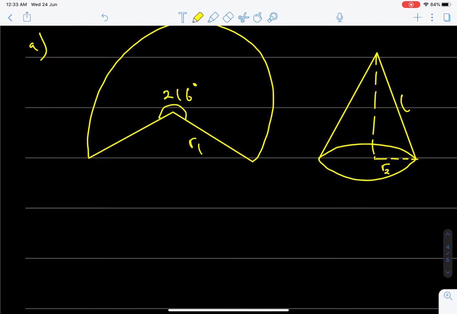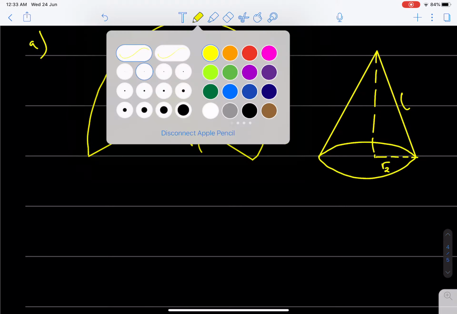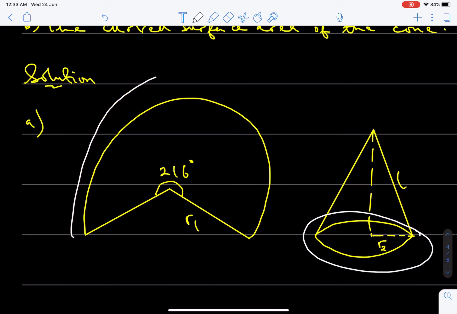Now, whenever a sector is folded into a cone, the circumference of the base of the cone, the circumference of this circular base, is going to be the same as the length of the arc of the sector, which is this major arc.